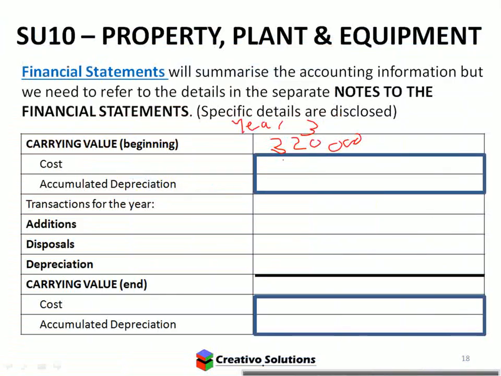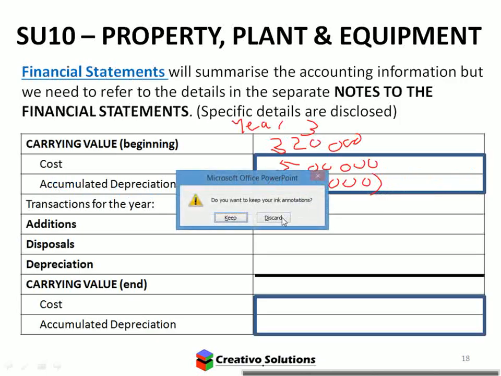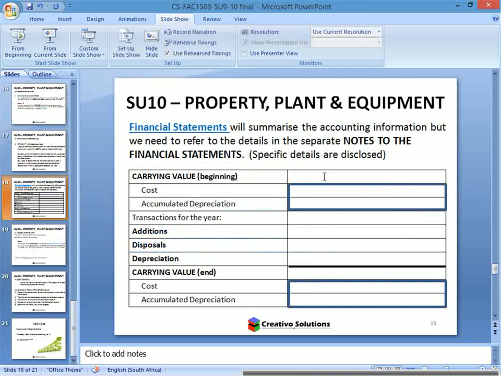The 500,000 cost and the 180 accumulated depreciation. Remember, in accounting, accountants show things that are negative in brackets. That's disclosure. Let me type it in rather, it'll look neater. So 320,000 comprises of 500,000 minus 180,000.